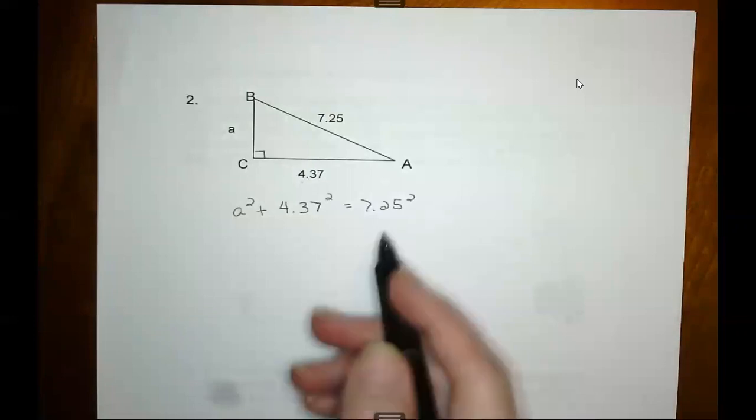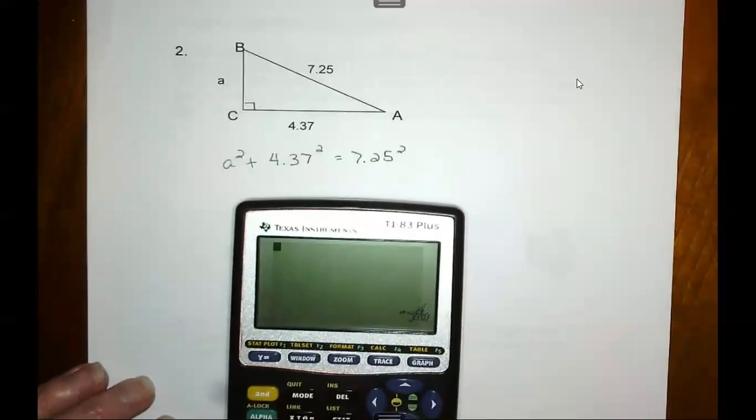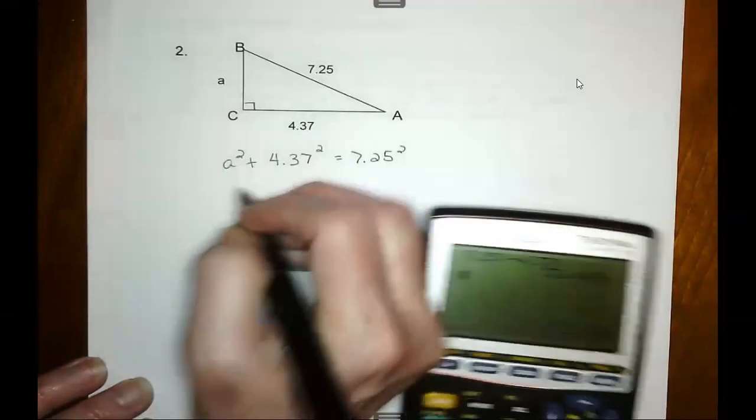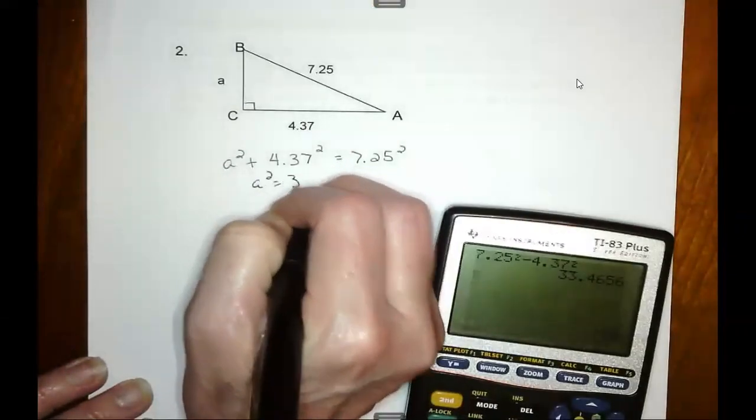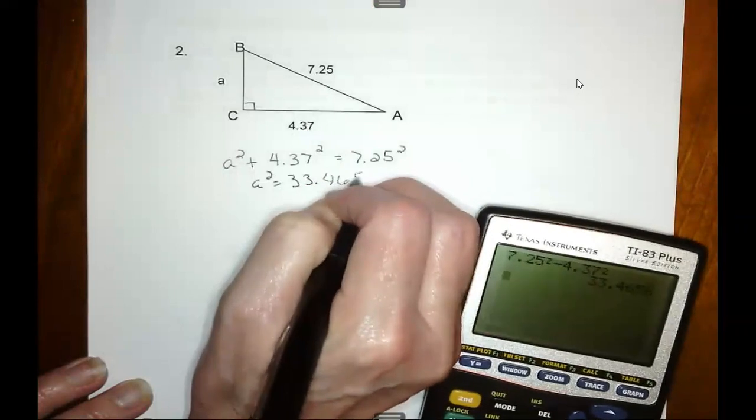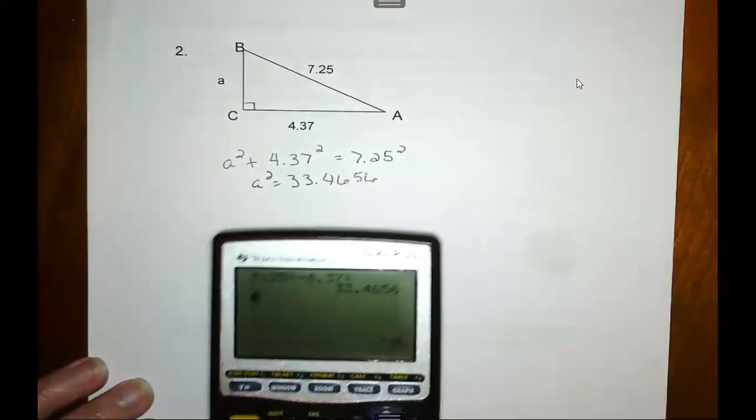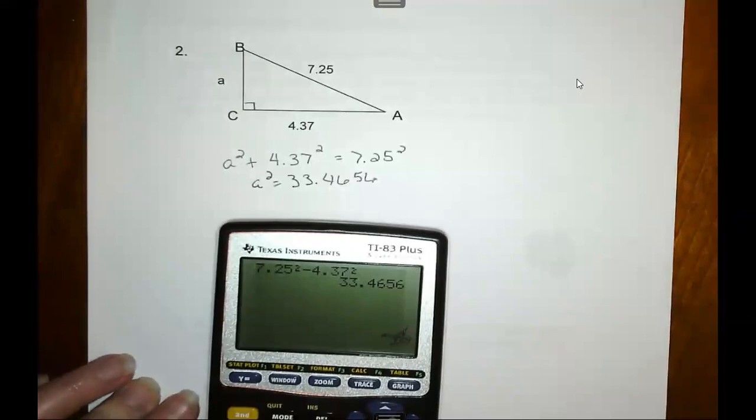So I'm going to put 7.25 squared and subtract 4.37 squared. And I get 33.4656. So A squared equals 33.4656. And of course, I need to take the square root of that. So the square root of that answer is 5.785.